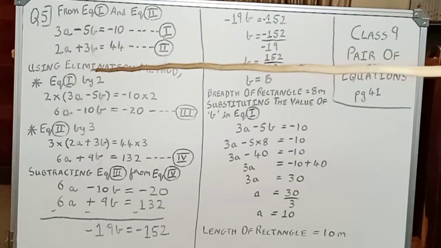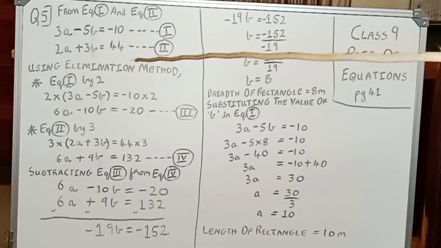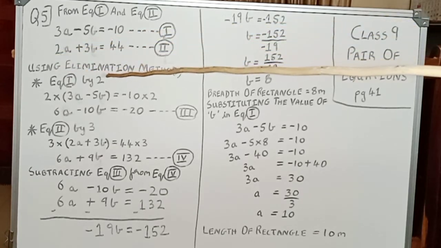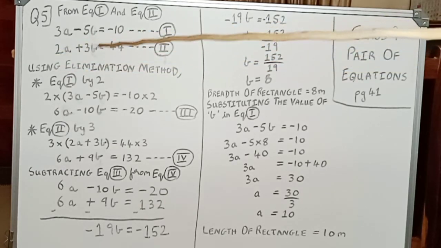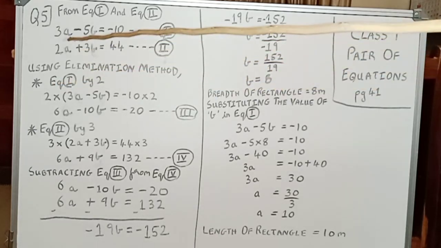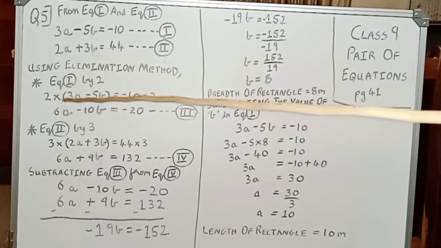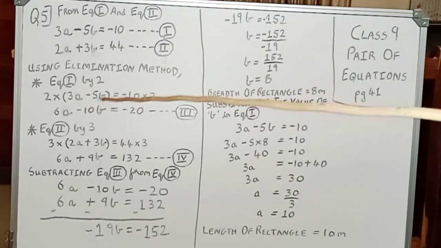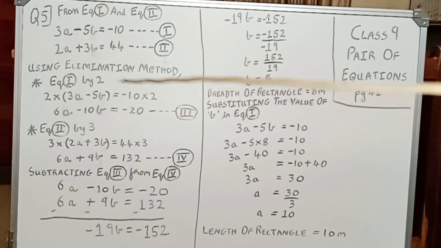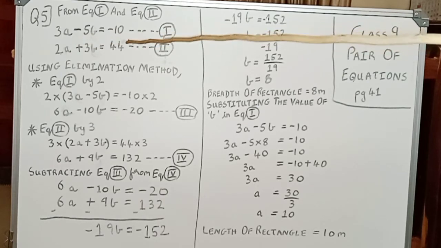So multiplying equation number 1 by 2, we have to multiply it by 2. So 2 into 3a will give you 6a, and 2 into minus 5b will give you minus 10b, and this 2 we have to multiply on both sides of the equation.